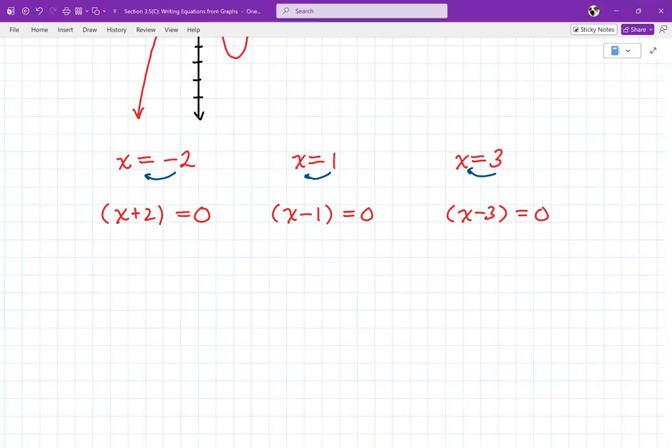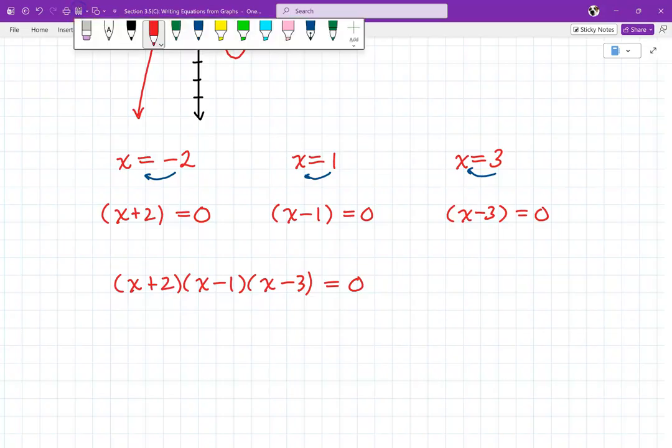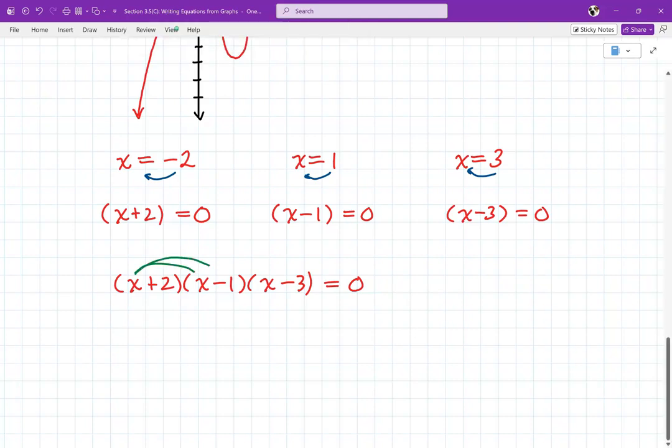So here we go. I'm going to write (x plus 2)(x minus 1)(x minus 3) equals 0. You can multiply any of these three in any order you want, but most people just go from left to right, so we can do that. Okay, so I'm going to do x times x times -1.